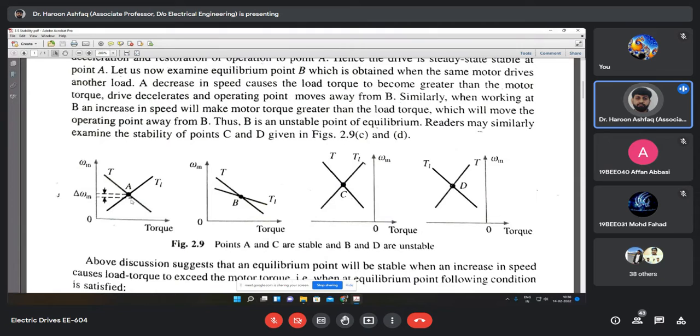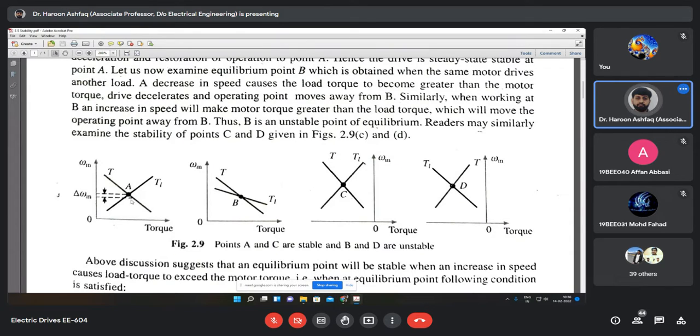Now what you have to see is whether this point of operation is a stable operating point or an unstable operating point. The first thing is that you will only have an operating point if the characteristics meet. If they do not meet, you don't have any operating point of that motor load system and the motor load system won't work.